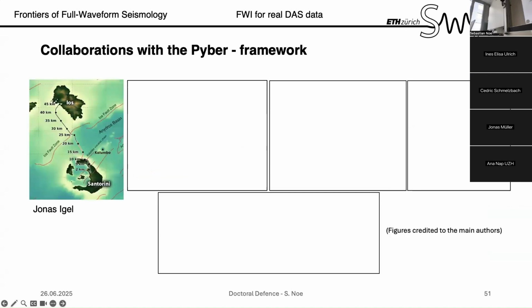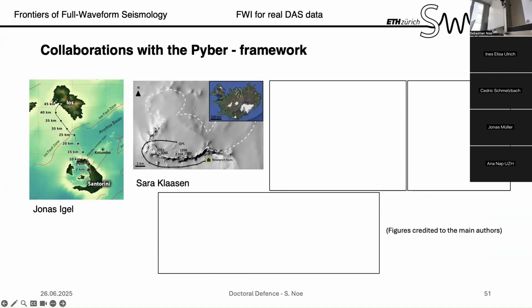But we had a lot of collaborations going on where my collaborators were working with PIBA already and trying to understand the full waveform measurements of DAS data. For example, Jonas was using it in Santorini on a submarine DAS cable that had earthquakes coming from the volcano here in Colombo.